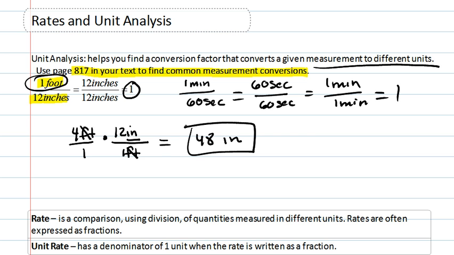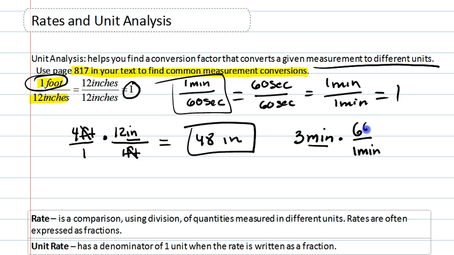Let's do this again with minutes and seconds. Let's imagine that I have 3 minutes, and I want to convert it to seconds. I'm going to take 3 minutes, and I'm going to multiply it by some conversion factor of minutes to seconds. Again, minutes is the thing I'm converting, so that's what I'm going to put on the bottom of my conversion factor, 1 minute.